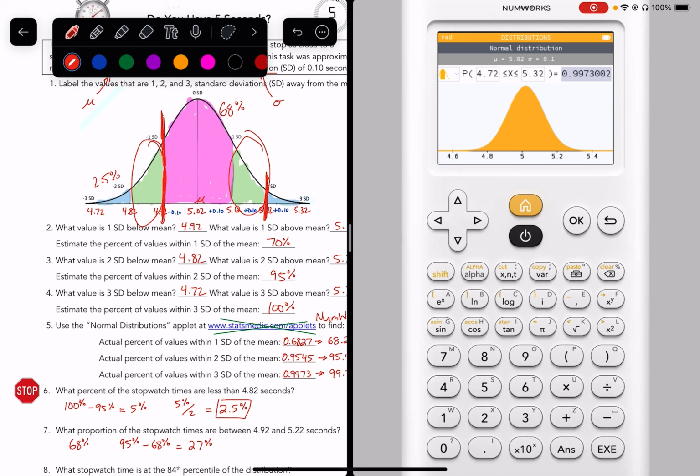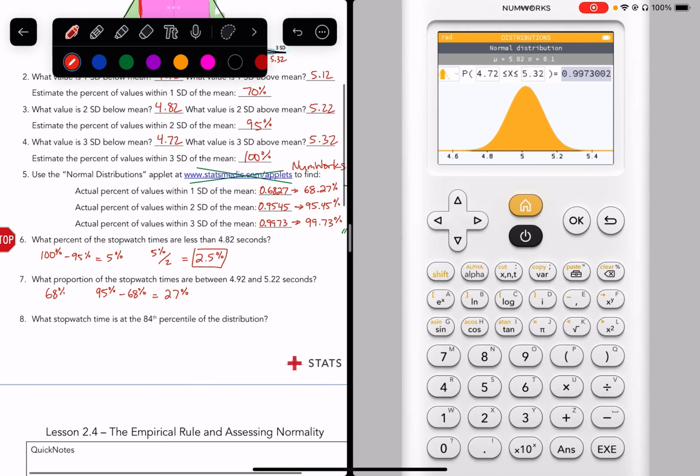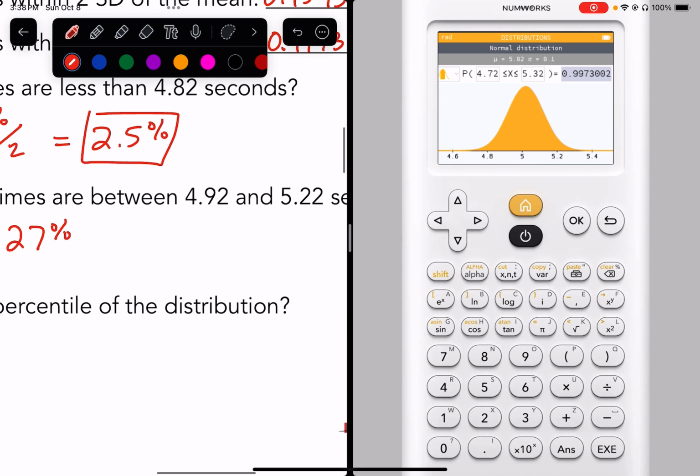With that, I only need one of them. We're going from 4.92 to 5.22, so I need the pink stuff plus one of these green things. Again, I'm going to have to cut my green stuff in half, because I know both of them is 27%. So what is one of them? I'm going to take the 27% and divide by 2, and that gives me 13.5%.